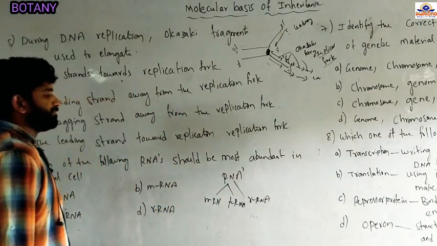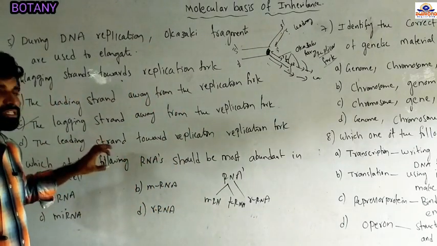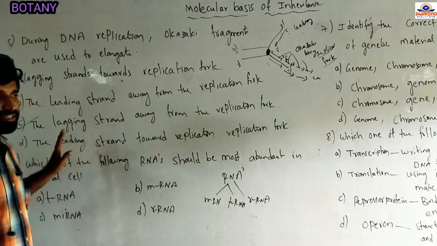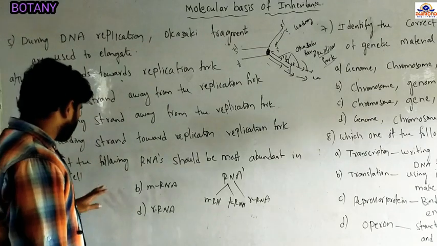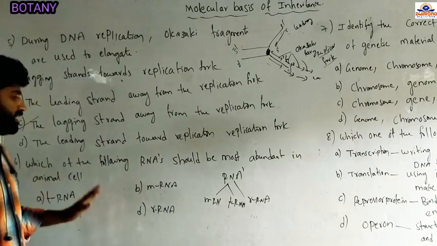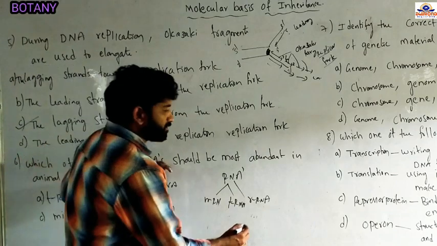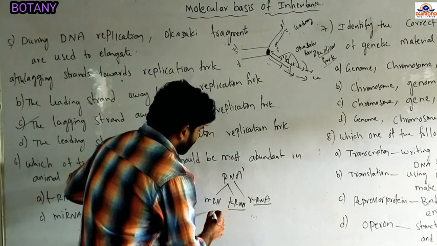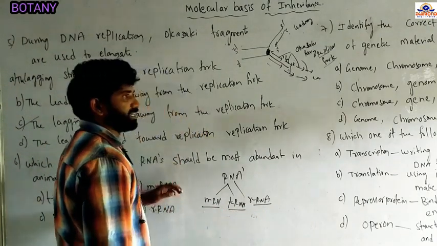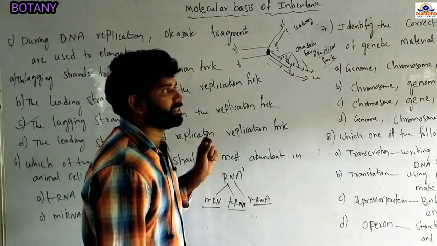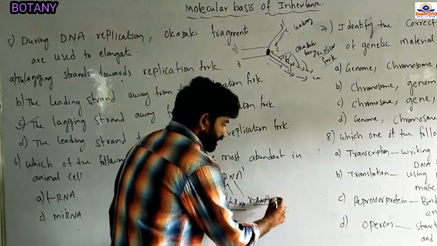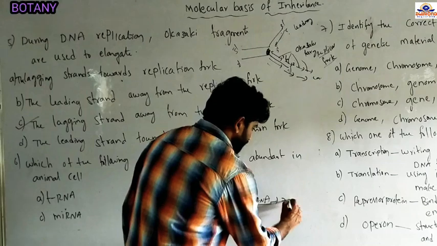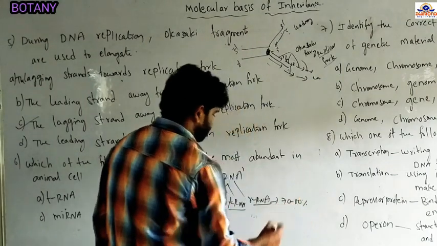The options are tRNA, mRNA, miRNA and rRNA. Out of the different types of RNAs, the percentage in animal cells is such that rRNA makes up 70 to 80% of a cell.